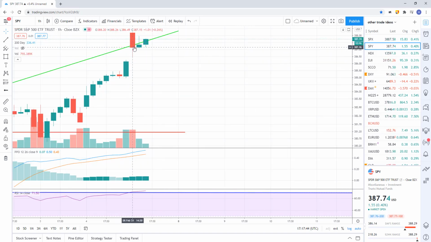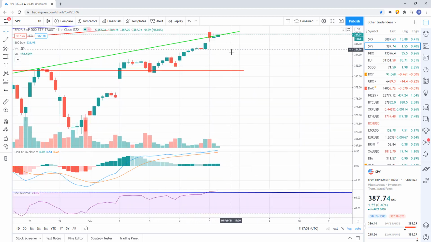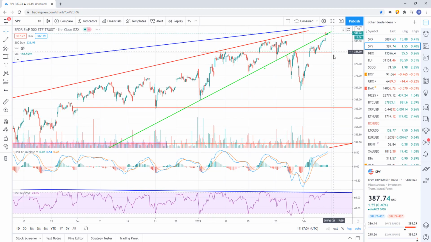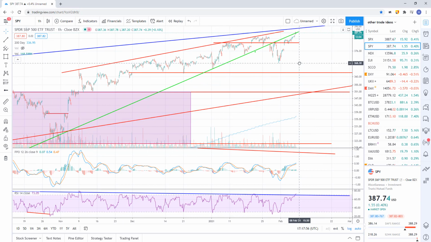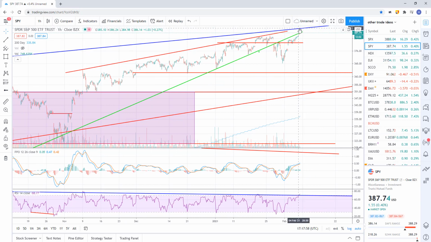But here's the hourly chart. You can see we're just kind of dancing around this trend line. So we need a little more information, but I am looking for a rejection or a sell-off. If for some reason we get some sort of a ramp, we've got this blue trend line, major resistance, just overhead right up here.